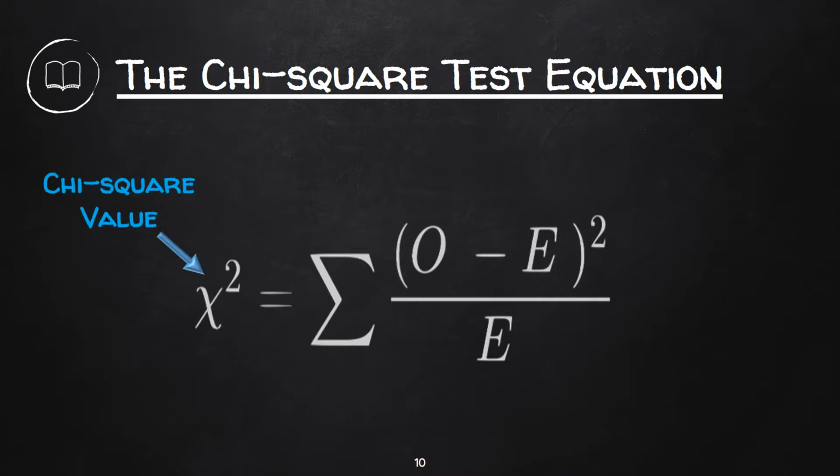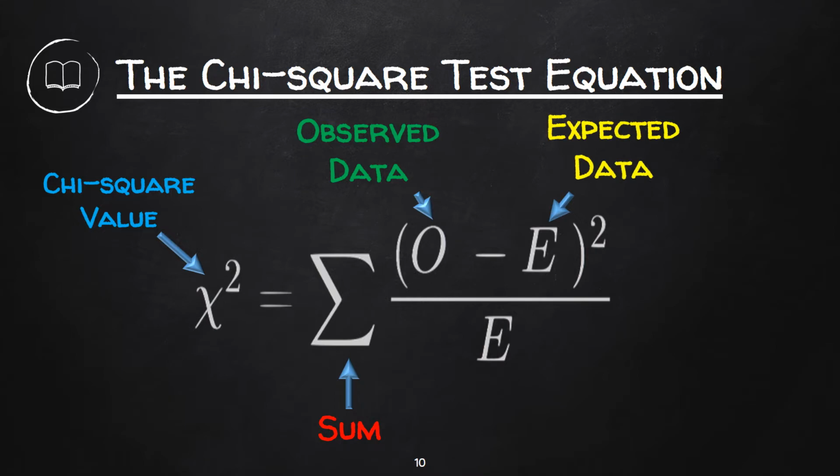As you can see in the equation, it states that the chi-squared value is the sum of the observed data, which is the data collected, minus the expected data, which is the data being predicted based on the null hypothesis, squared, then divided by the expected values.